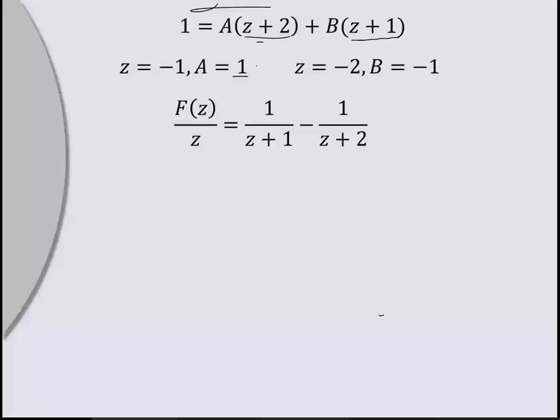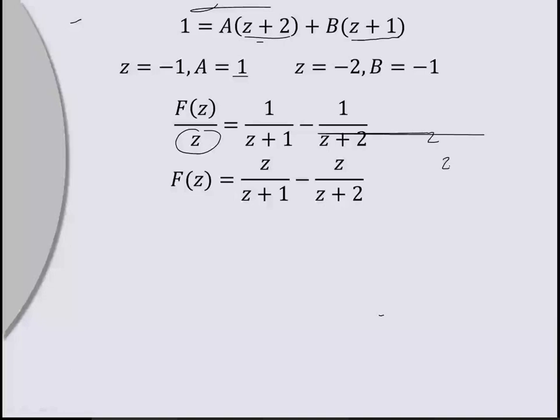Okay. Taking this z to the other side, we get f of z will be z upon z plus 1 minus z upon z plus 2. And now use the formula of z upon z minus a. Now instead of minus a, what do we have? z plus 1.